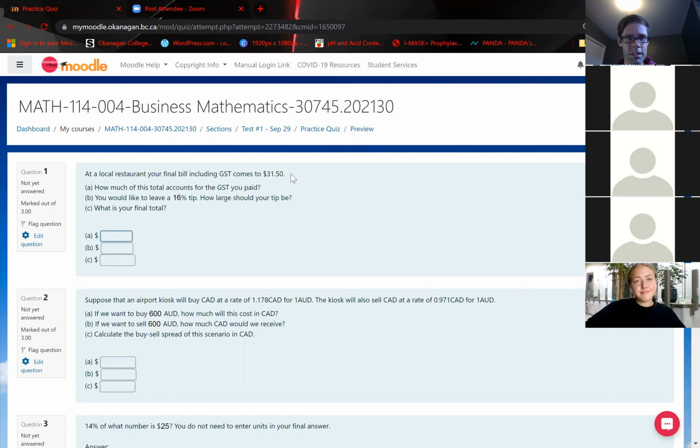So this restaurant bill should have 5% GST. Wait, do restaurants charge? Okay, thank you, Laura. I'm pretty sure they charge GST, but don't charge provincial sales tax. So I know that 5% of this $31.50 is GST.